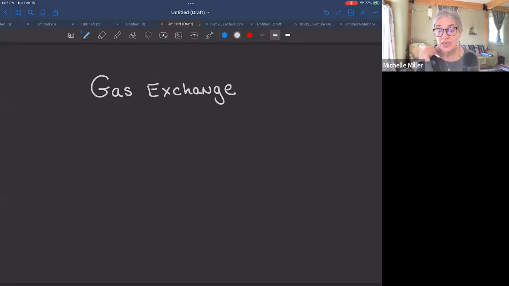Gas exchange is a passive process, and so it involves diffusion. So the gases, carbon dioxide and oxygen, diffuse with their concentration gradients. So from a higher concentration to a lower concentration. So gas exchange is passive diffusion.